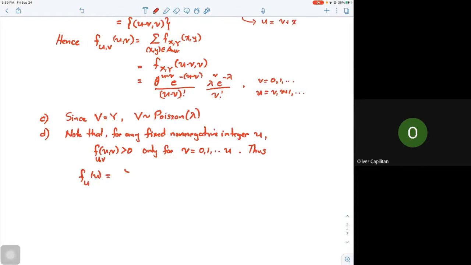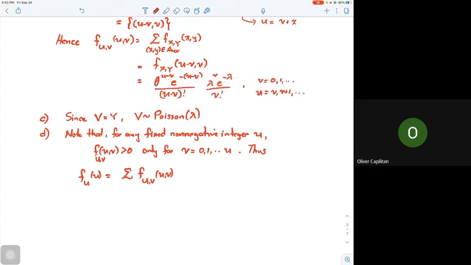we have now, from our definition, the countable summation of the joint PMF of u, v, and then the summation is for all possible values of v here. And since u is greater than or equal to v, we have v from 0 up to u.